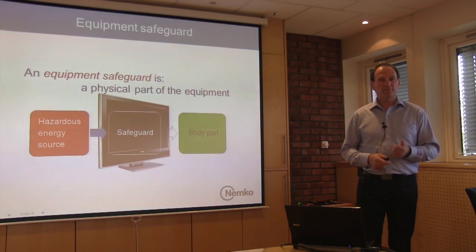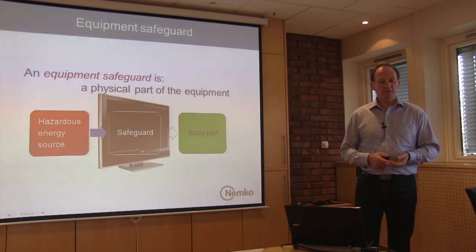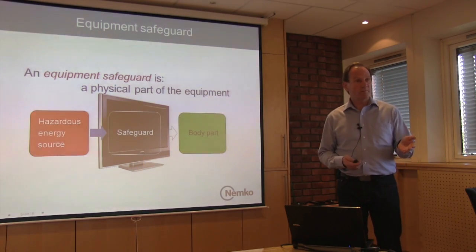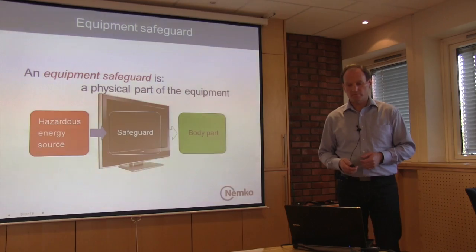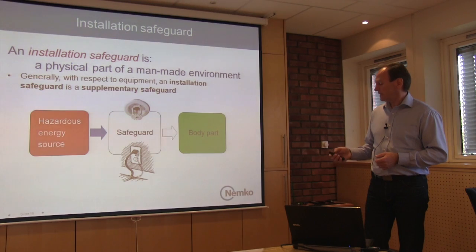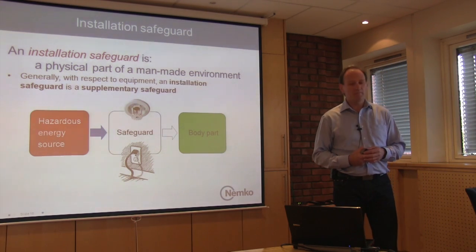And then you have different kinds of safeguards. You have first the equipment safeguard, as we know: insulation, barriers, enclosures. And then you have installation safeguards, which is a physical part of a man-made environment.